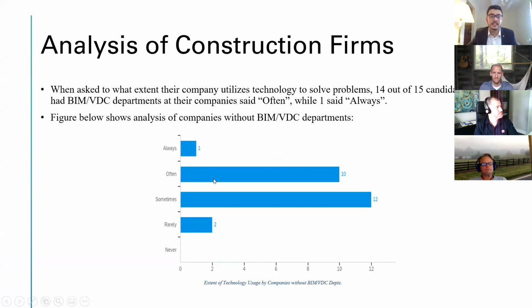And this is where it's interesting, because these respondents don't have VDC or BIM departments at their companies, but 1 of them has said always, 10 of them have said they often use technology to solve problems. 12 of them have said sometimes, and 2 have said rarely. No one said they never use technology, which is understandable since we live in a technology-prone world.